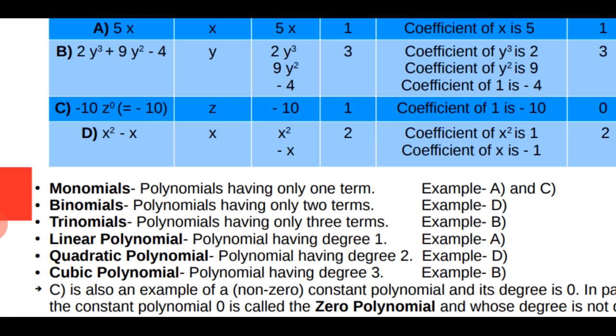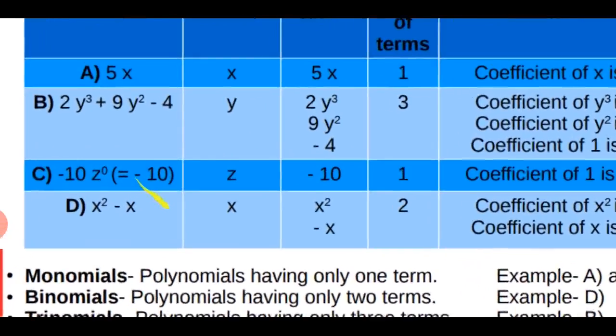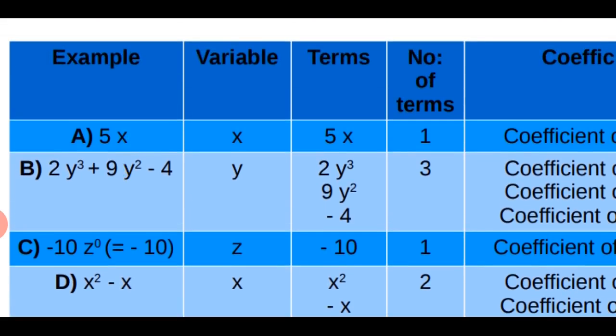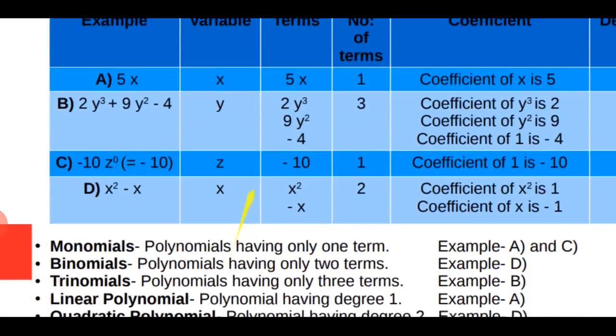If you want to see an example of a trinomial, you just move on to example B, and the given polynomial is a trinomial. Whereas if you see the first one, that is 5x, it is an example of a monomial.